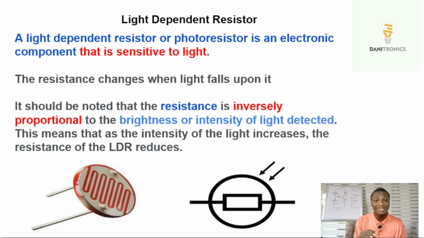When everywhere is dark, the resistance value is very high, about 1,000,000 ohms. That's 1 mega ohm, very high. As light begins to fall on it, the resistance value begins to reduce to some hundreds of ohms, and that is the way the light dependent resistor works.